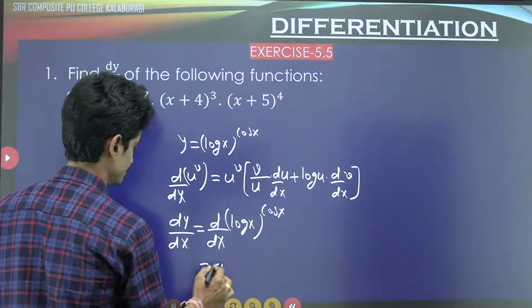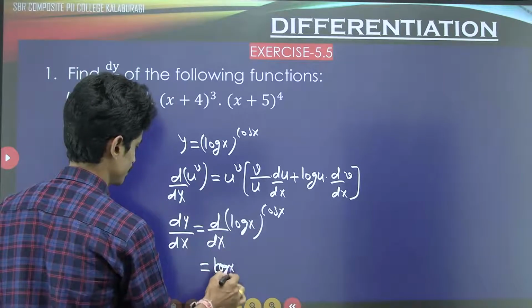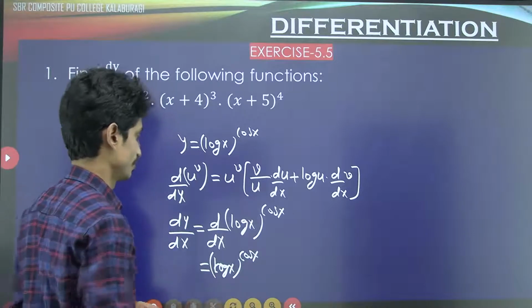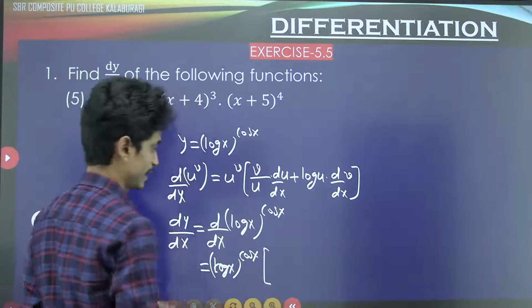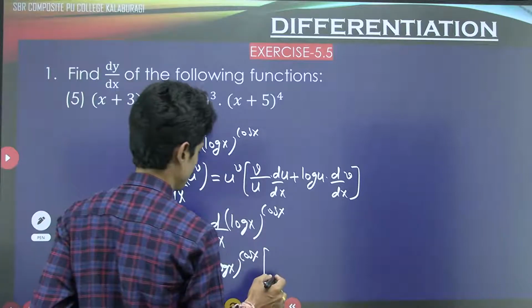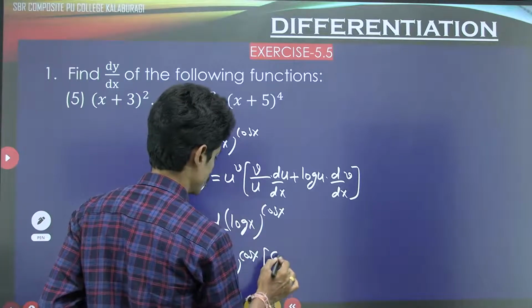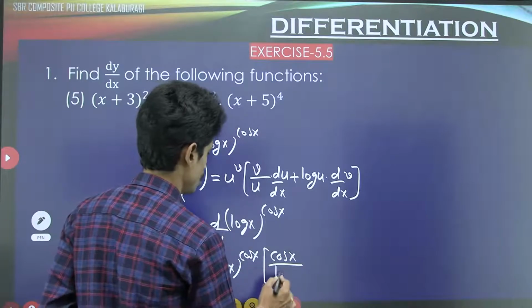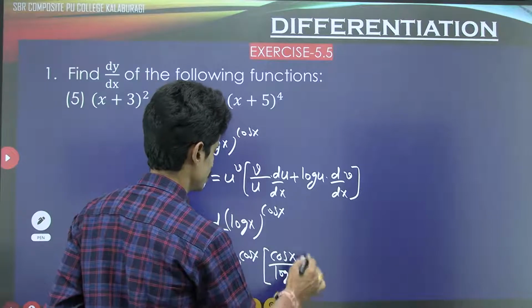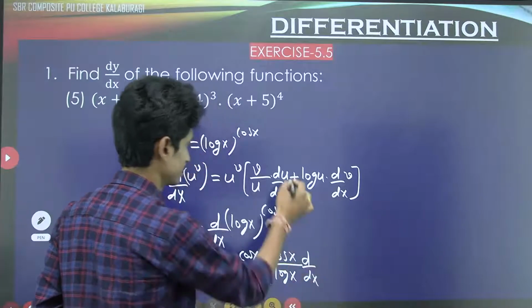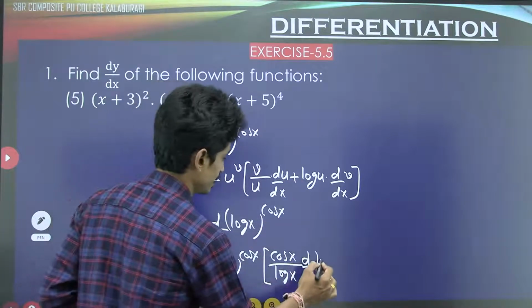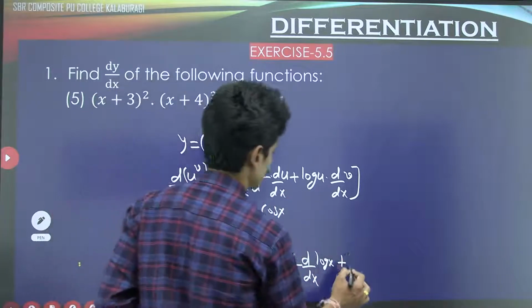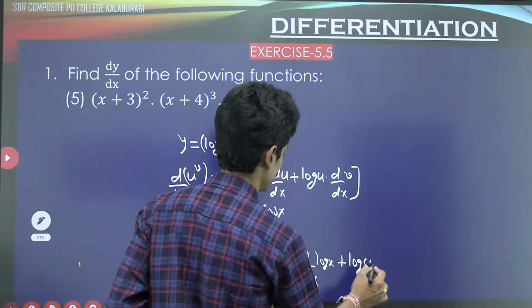Outside as it is, that is (log x) whole power cos x. Inside the bracket, power by base. What is that power by base? That will be cos x by log x into d/dx of the base function, that is log x, plus log of the base function.